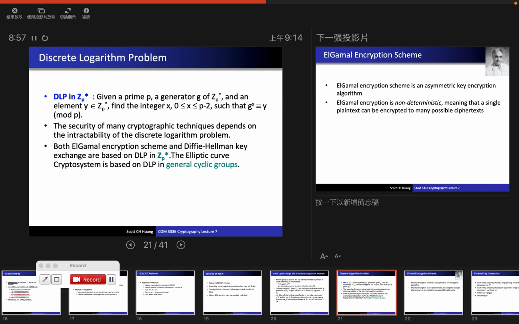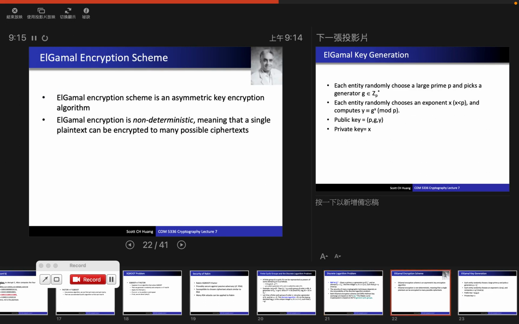So a lot of the current algorithms actually make use of the discrete log problem. For example, the elliptic curve is based on general cyclic groups constructed using algebraic geometric methods.